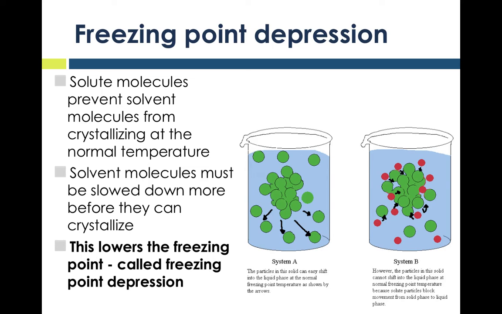And that means that drivers now only need to drive on wet roads rather than icy roads. So the reason workers sprinkle salt whenever it snows on the pavements or on the roads is because salt does something called freezing point depression, which means it makes the water freeze at an even colder temperature.